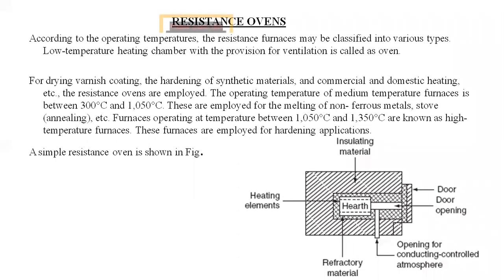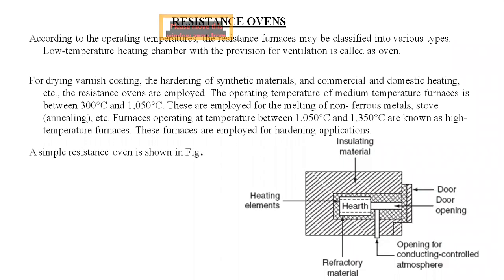Depending upon the usage of the furnaces, for a medium temperature furnace the temperature ranges from 300 degrees centigrade to 1050 degrees centigrade. These are employed to melt non-ferrous metals.